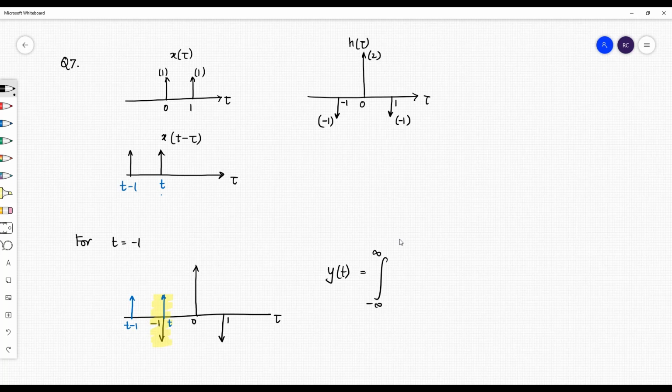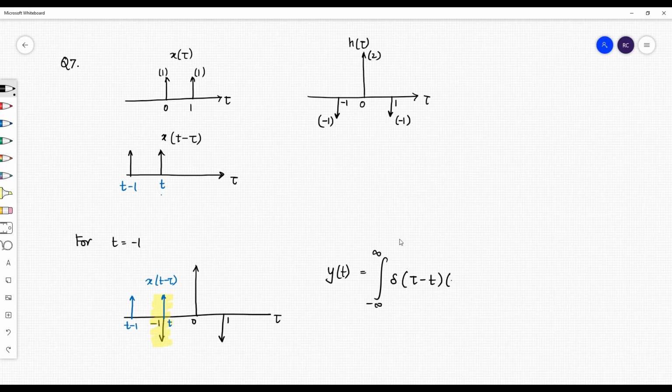So let us write these two impulses. The one in blue, which is coming from x(t minus tau), how do I write that impulse? That impulse can be written as delta situated at t, so it can be written as delta(tau minus t). The other impulse, the one coming from h(tau), how can that be written?